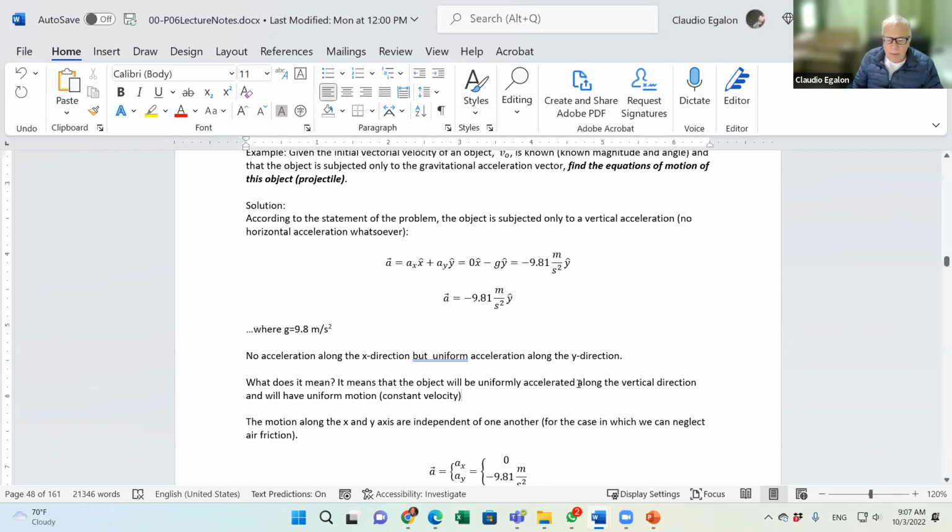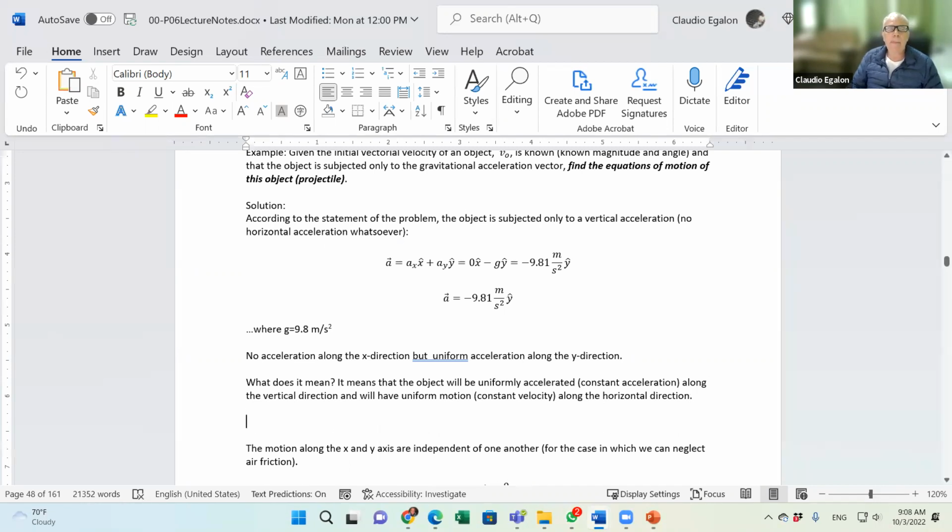Okay, uniformly accelerated means constant acceleration. And we have uniform motion along the horizontal direction. That's what it means.